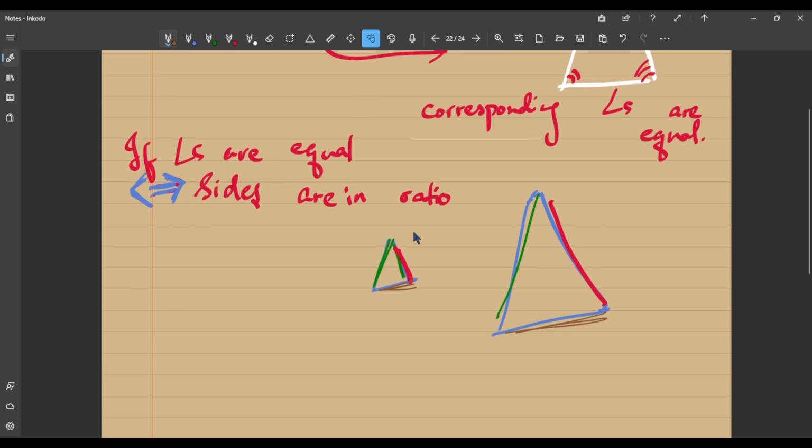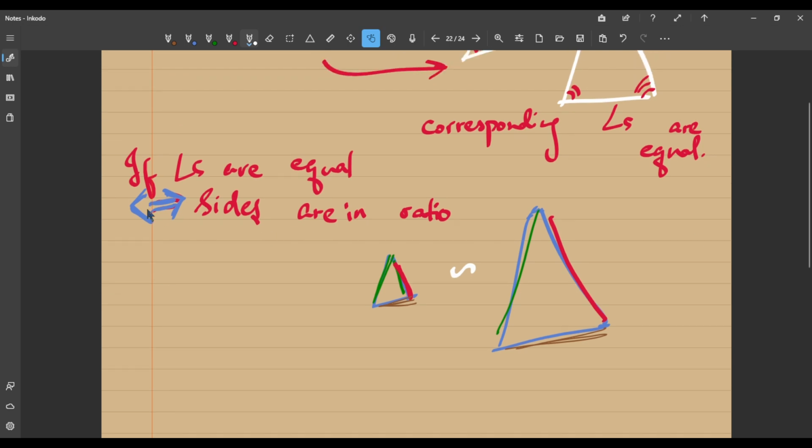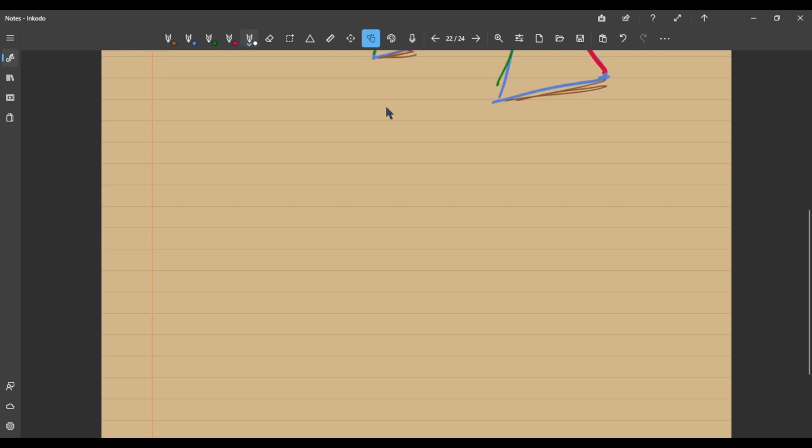Then we concluded that their corresponding angles would be equal, and hence the triangles would be similar because we have defined it that way. So these triangles are also similar. Having done all this hard work, now I will conclude this video by just stating what are all the axioms of similarity.